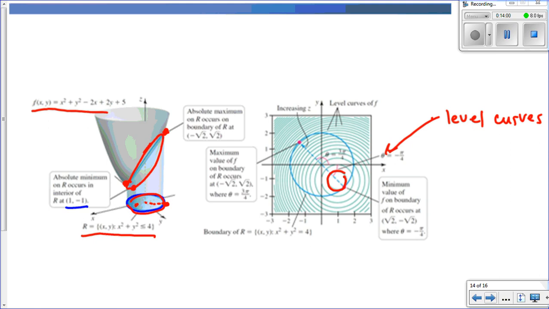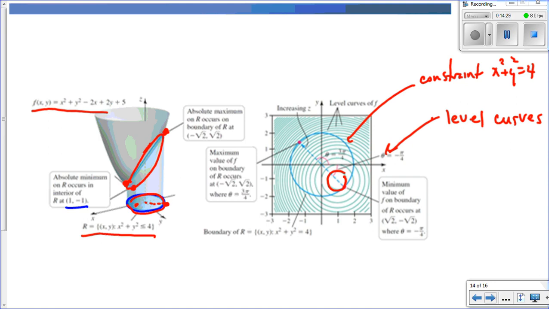And notice that the green circles here are all the level curves. But now in blue in this diagram is our constraint. So the blue here is the constraint, which is the circle x squared plus y squared equal to 4, the circle with radius 2. So now look at where the constraint intersects the level curves.